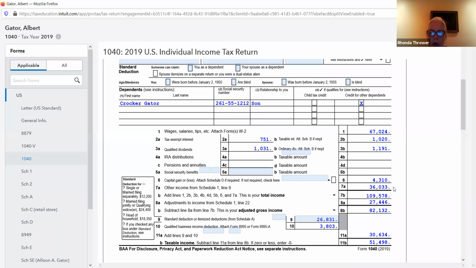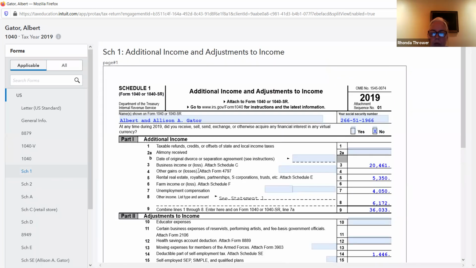Also, something that was new for this chapter is your other income from Schedule 1, line 9. So I'm going to go to Schedule 1, and I'm going to go to line 9, and you can see it's $36,033. And it came from the business income, which changed in this particular problem, because you remember they had more income than they thought they did.